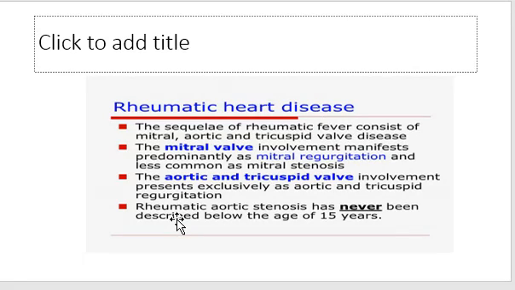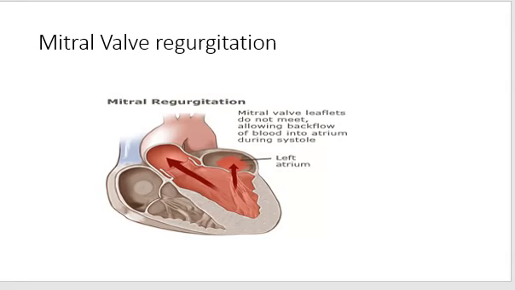Rheumatic aortic stenosis has never been seen below the age of 15 years, so it doesn't affect your younger group of kids. I don't think she wants you to know this, but probably just know that those are the valves that are affected.